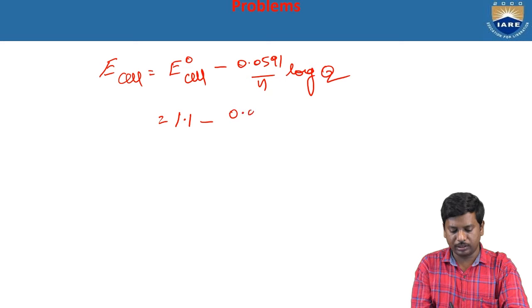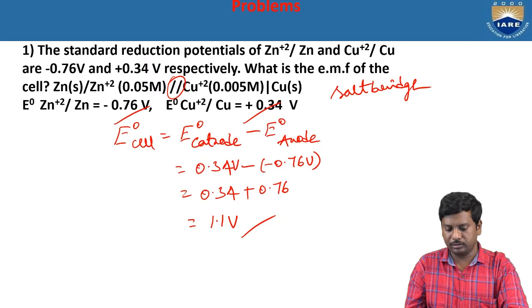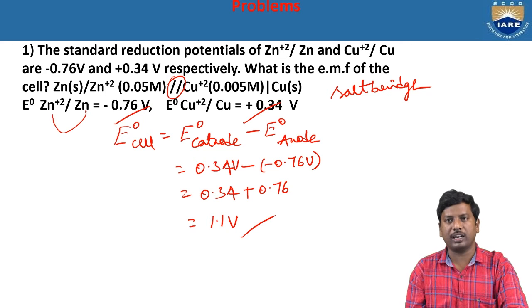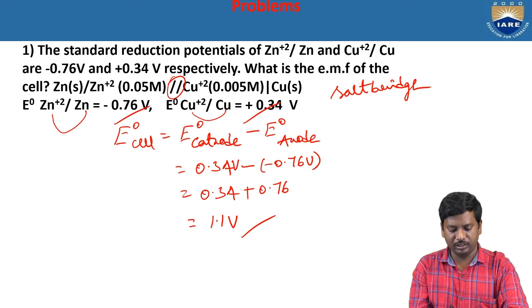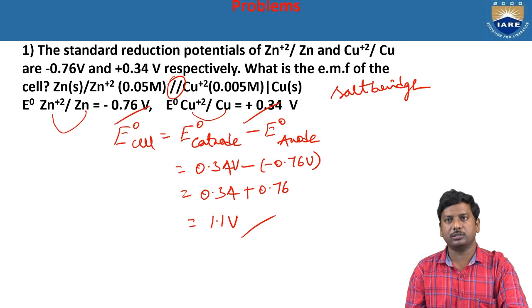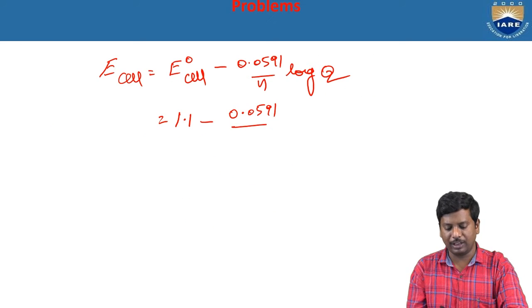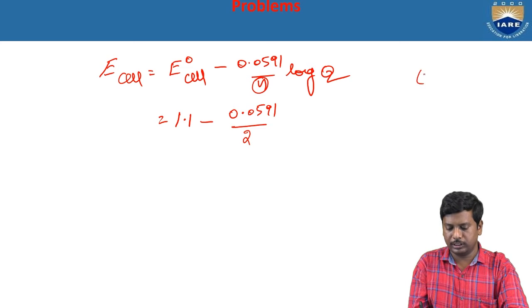Minus 0.0591 by n. What is the value of n? We see how many electrons are transferred as per the given data. Zn2+ to Zn, 2 electrons, and Cu2+ to Cu, again 2 electrons. So only 2 electrons are transferred in either the oxidation or reduction reaction, so n is equal to 2.